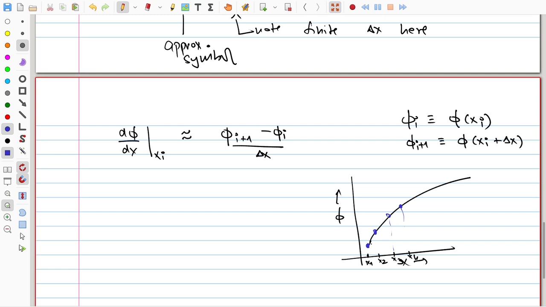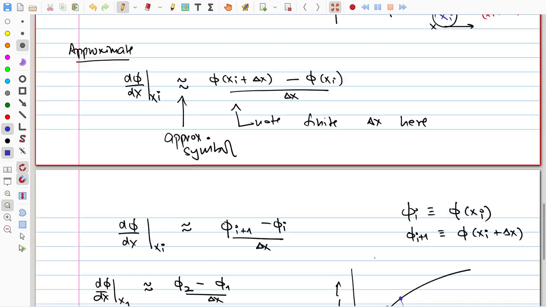That is the reason we will talk about derivatives at these points only, not everywhere. So, I can write d phi by dx at point x1 as phi at 2 minus phi at 1 upon delta x. So, this x1 corresponds to the xi. So, we are talking about a point next to x1 minus the point at x1 divided by delta x. That is what we did.